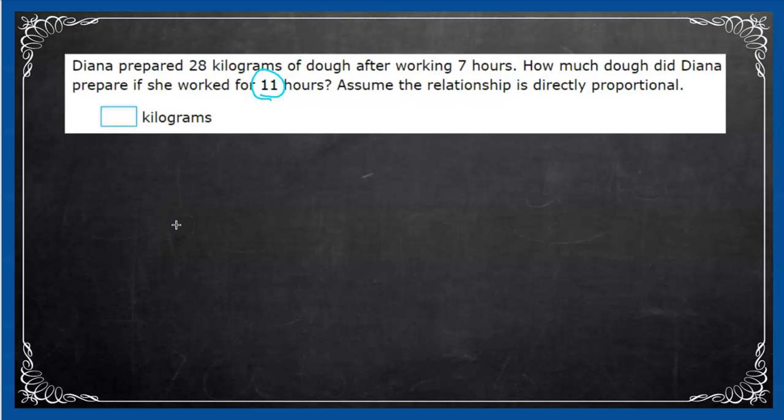So let's look at the first set of information that we've been given, the 28 kilograms of dough, 7 hours. So if she can make 28 kilograms in 7 hours, and that is a ratio, okay? A ratio is just a fraction. We can write this in a couple of different ways. We could write 28 to 7 like that, but I usually write it in a fraction. It's easier to solve.